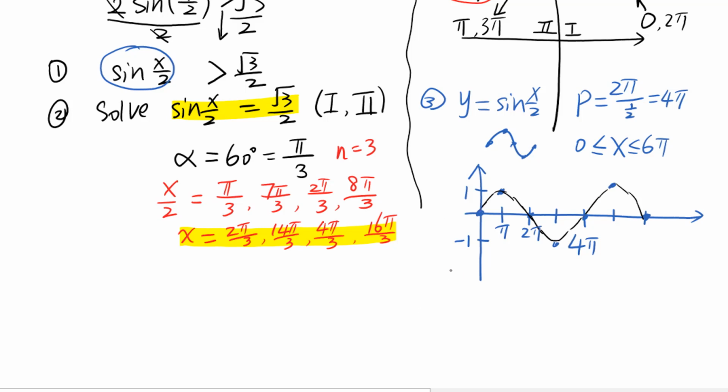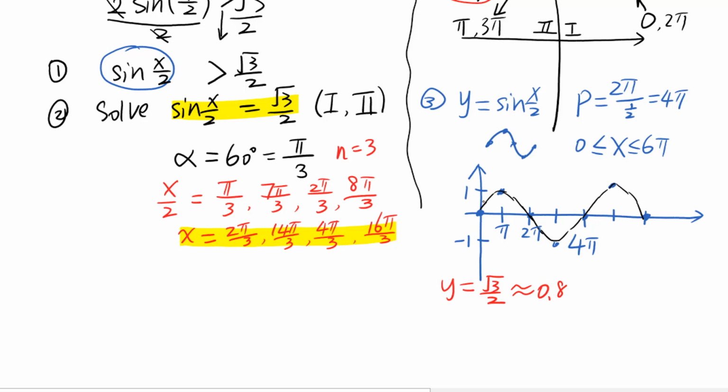Then we need to draw y equals square root of 3 over 2. Square root of 3 is 1.732 divided by 2. It rounds to 0.8 something.